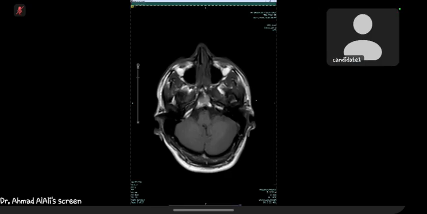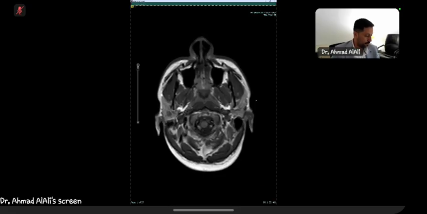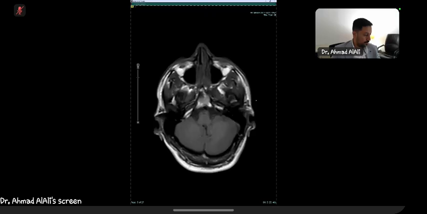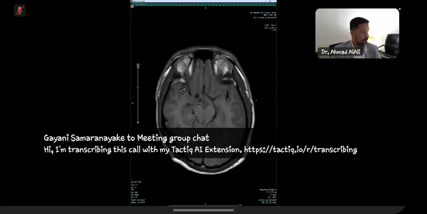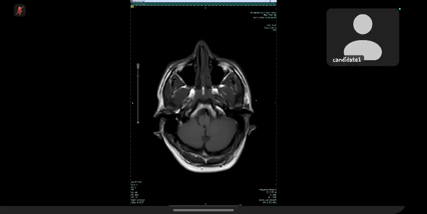On the T1 weighted images, there is slight hyperdensity in the left transverse sinus. That can be thrombus. I want to see again the T2 weighted images for loss of flow void, or post contrast images if available, or the MRV.